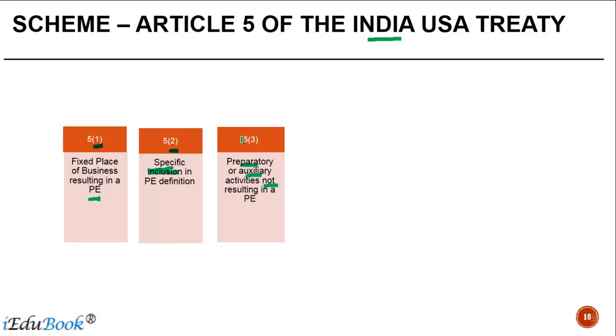And therefore, they are considered as preparatory to the main activity. Generally, when you are carrying out a preparatory or an auxiliary activity, in those cases, it is excluded from the definition of the PE.